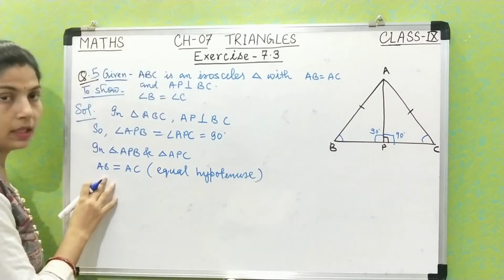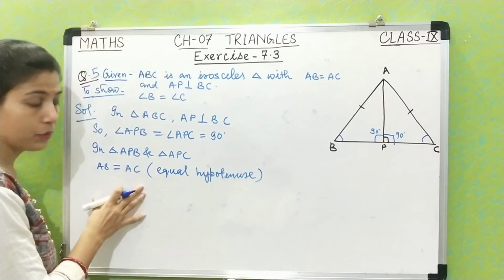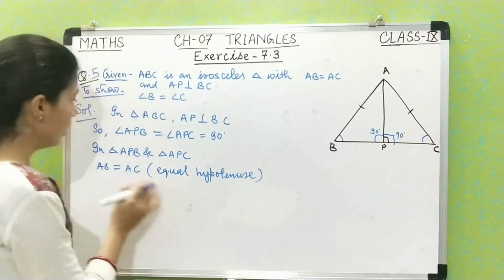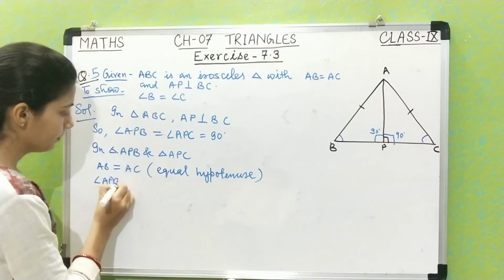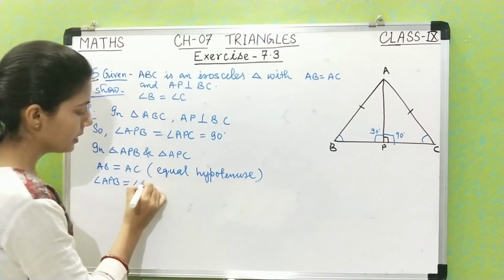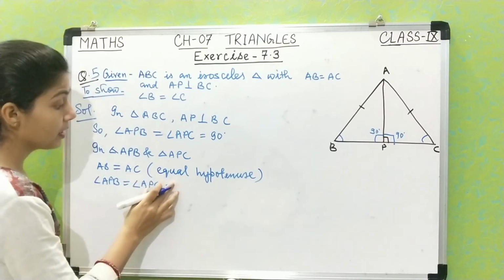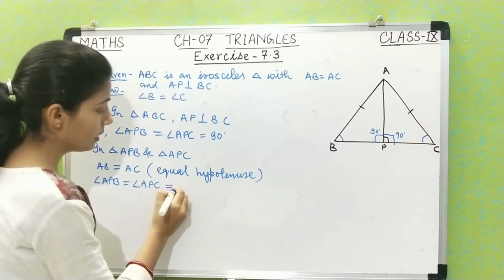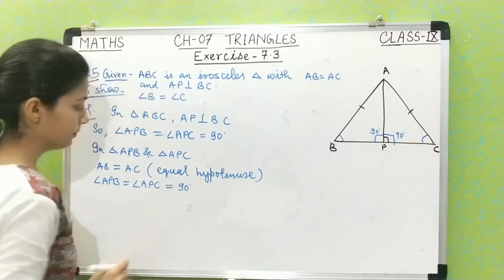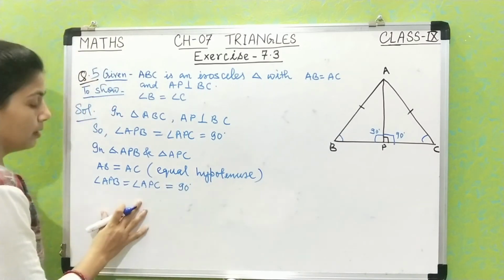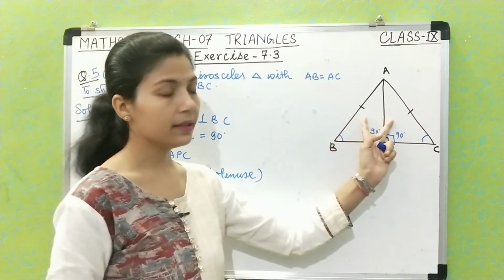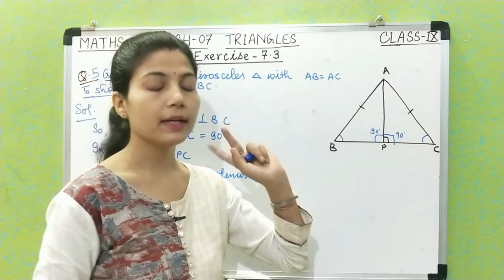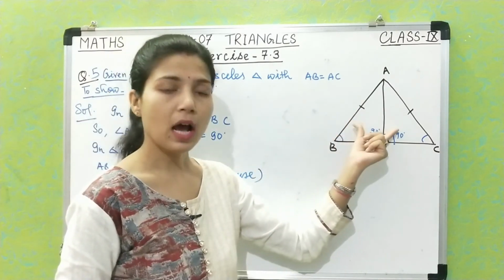See here, angle APB equals to angle APC, which are formed by a perpendicular, so that will be of 90 degree. Okay, now see, in RHS rule, if we have two right angle triangles, so we can have an idea that we can apply here RHS rule.